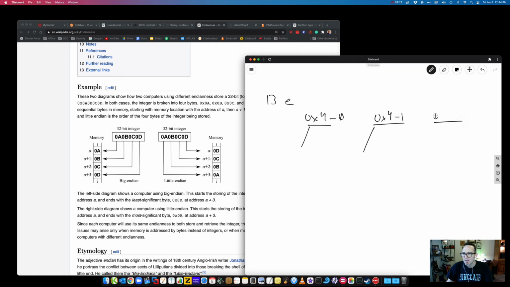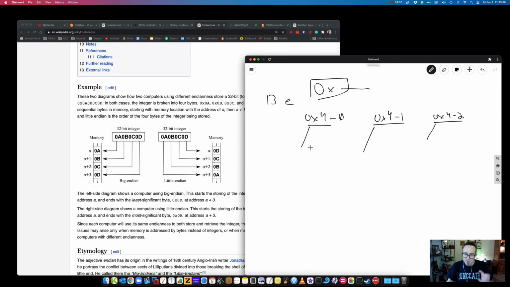Then 0x4, that's 2. So we have these 3 bytes stored on disk. This is our register for our disk here. And by the way, the 0x is a notation for hexadecimal, so you'll see that a lot. You'll see 0x, and you'll see a number after it.